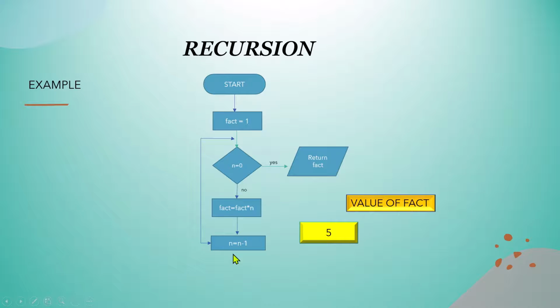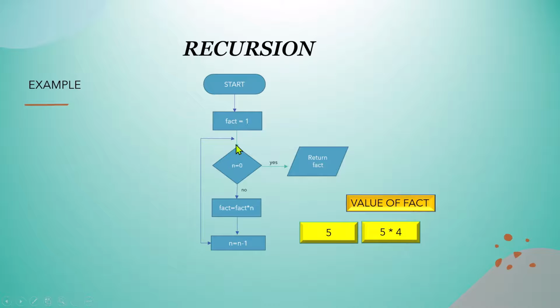Then the next step says n should reduce by 1, which means n becomes 4. Control passes back to this point. We check if 4 is equal to 0, obviously not. We then have fact equal to fact, which currently has a value 5, multiplied by n, which is 4. Then we reduce n by 1 again, so n becomes 3.